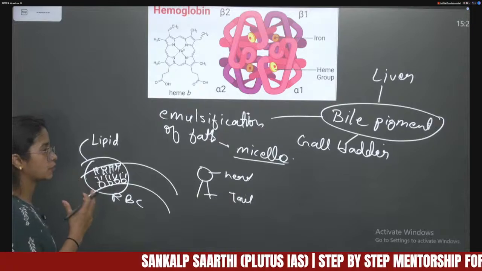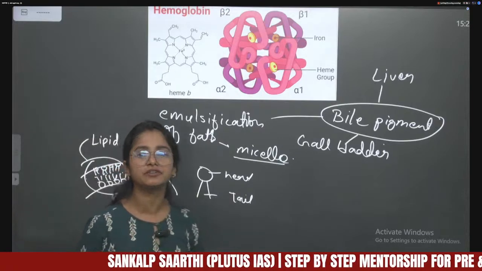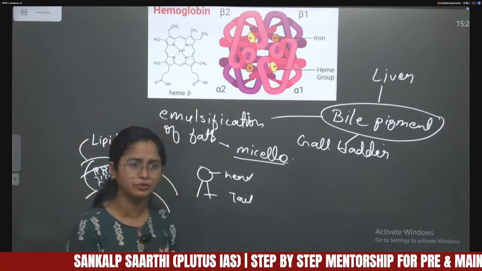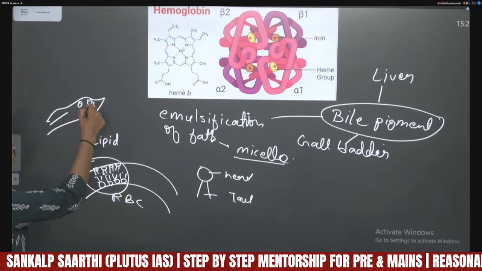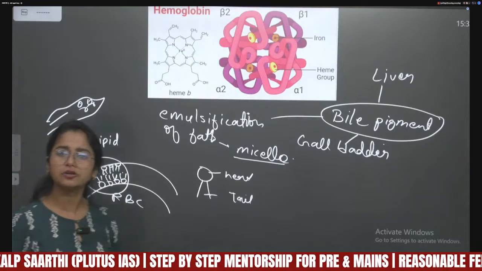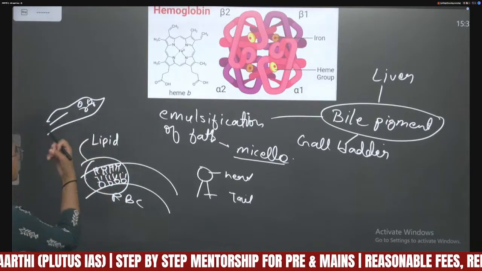Suppose that I have eaten any kind of vegetarian food, suppose the spinach. Spinach is also made up of multiple types of cells, with lipid content.